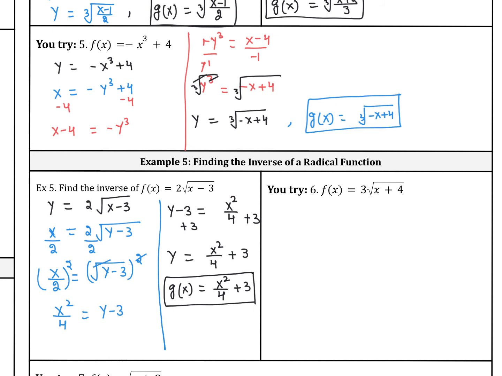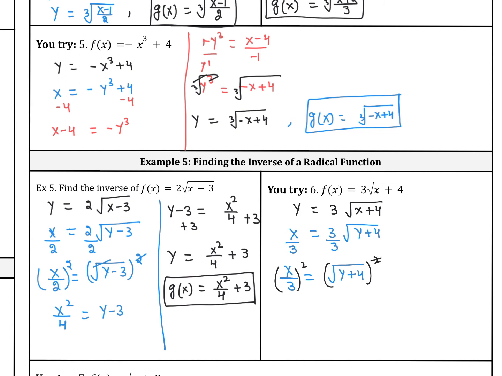Next is a you try problem number 6. Set f(x) equals y and it's equal to 3 times square root of (x plus 4). Switch the x and y, so you got x equals 3 times square root of (y plus 4). Divide by 3 on both sides. x divided by 3 is square root of (y plus 4). And then you're going to square both sides.